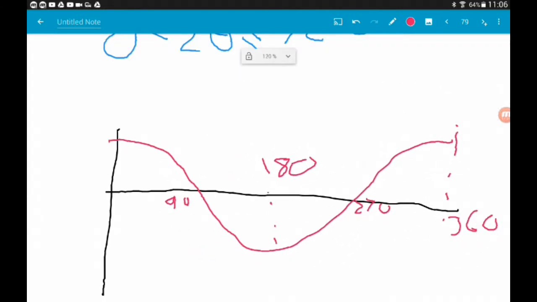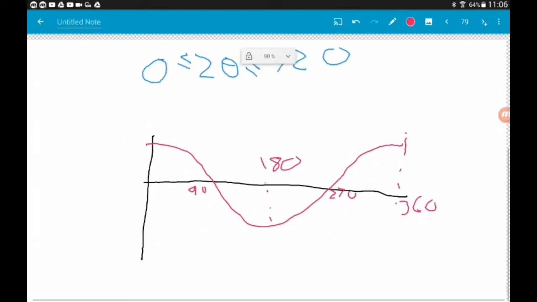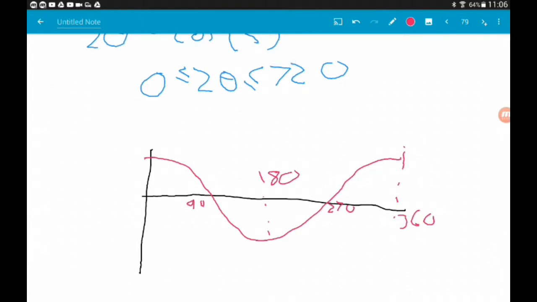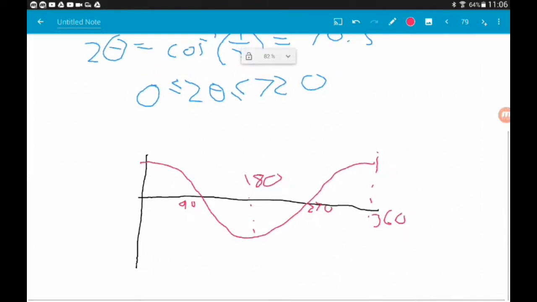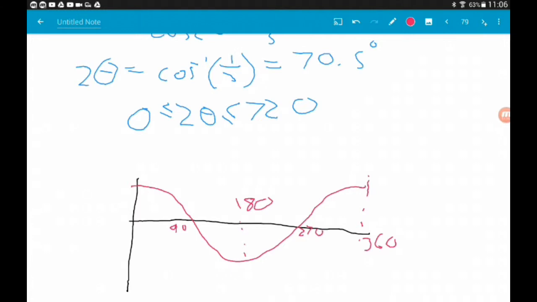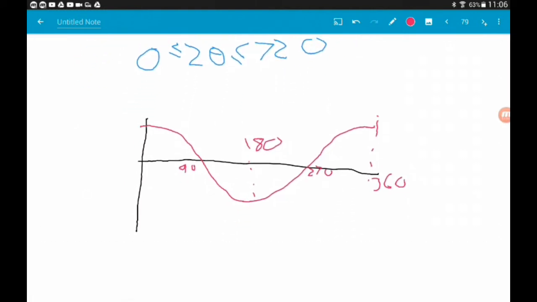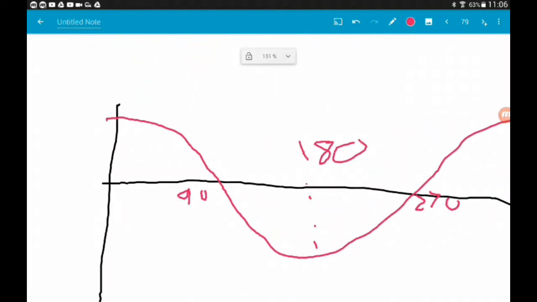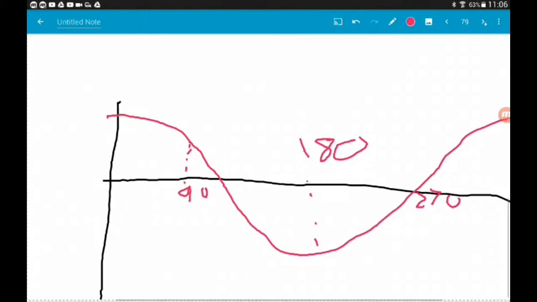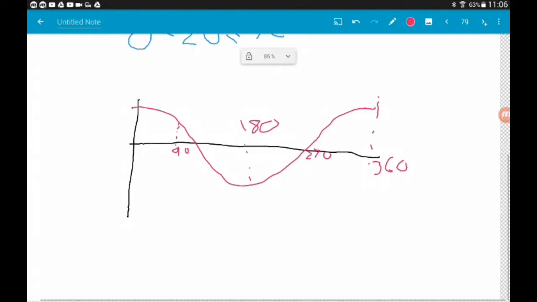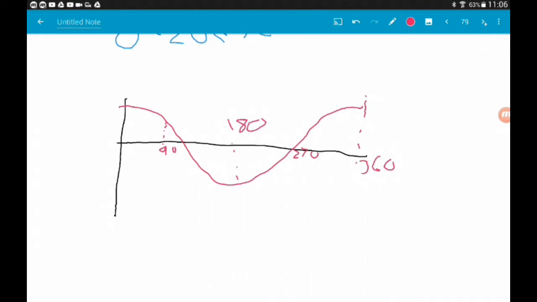So using the changing the interval method, we're going to mark on this first solution that we found, which was 70.5 degrees. So that is going to be over here somewhere. So that's our first value for 2 theta.